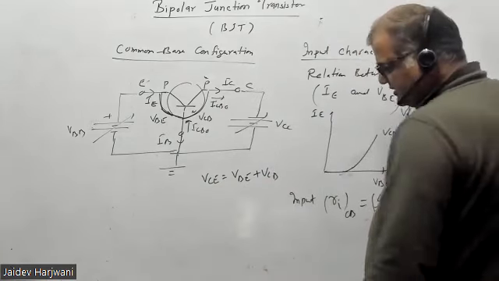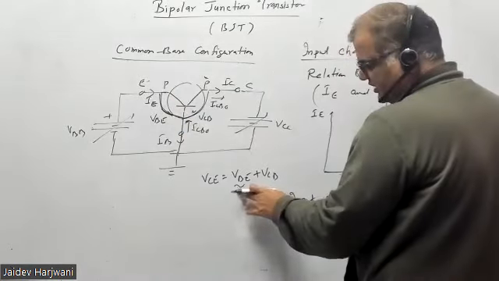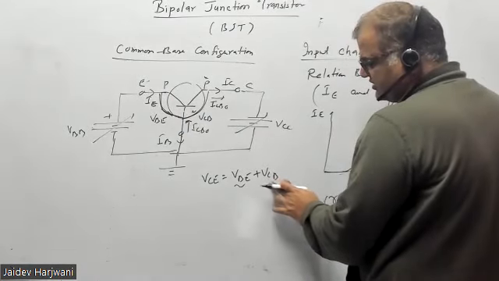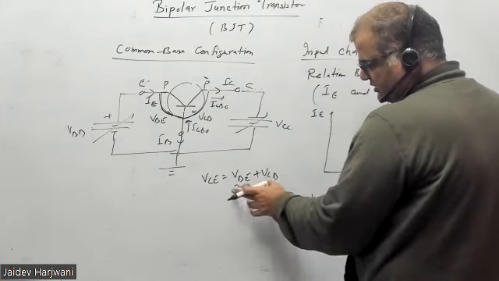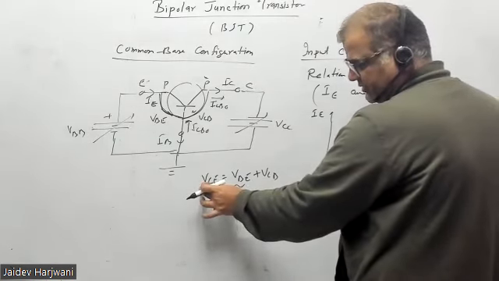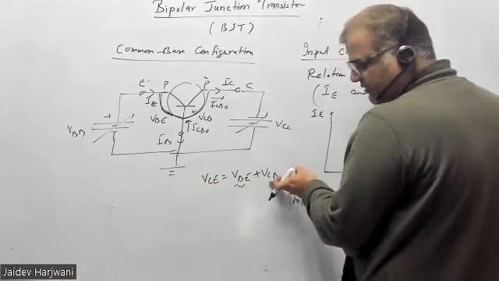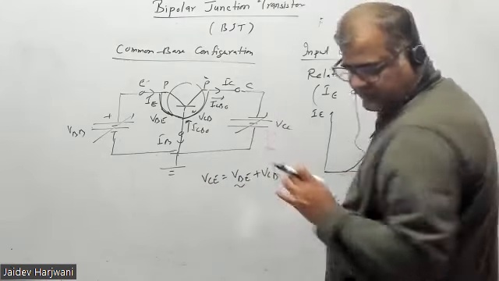That means I'm keeping this constant, the same volt. I'm not touching this one. If I increase the VCB, what will happen? This will increase. Now, if I want to make this constant, what should I do? This I have increased, so I have to reduce this one. Yes or no?